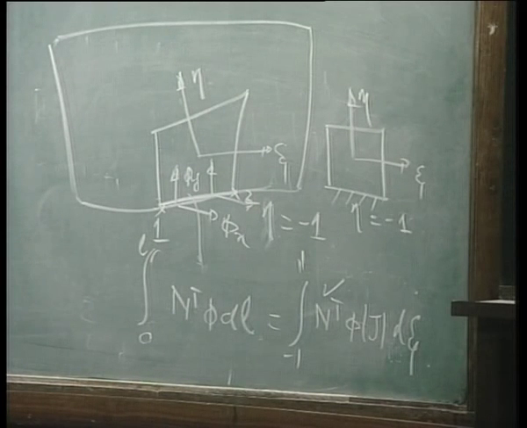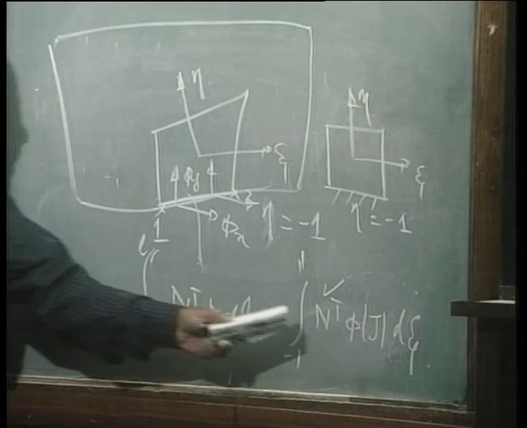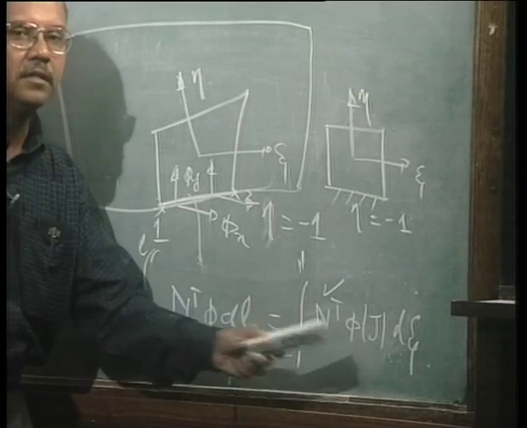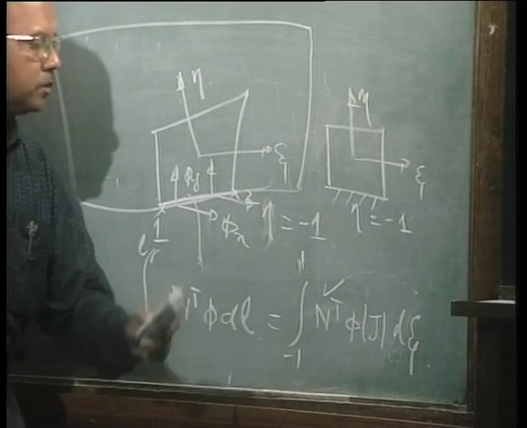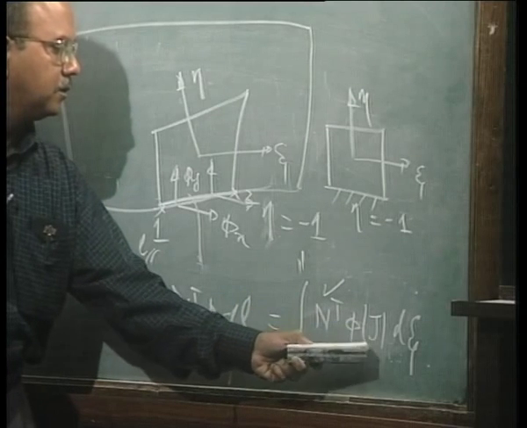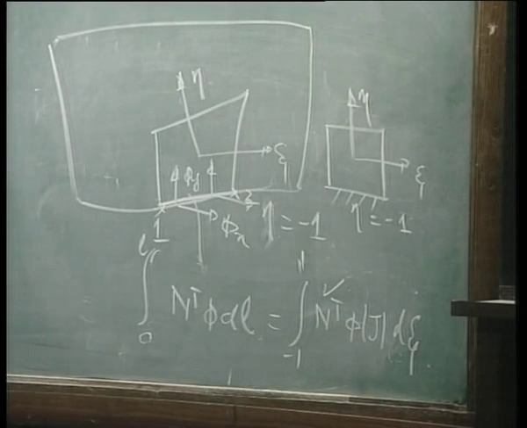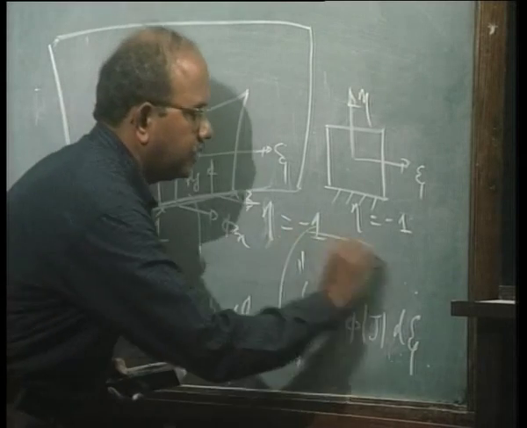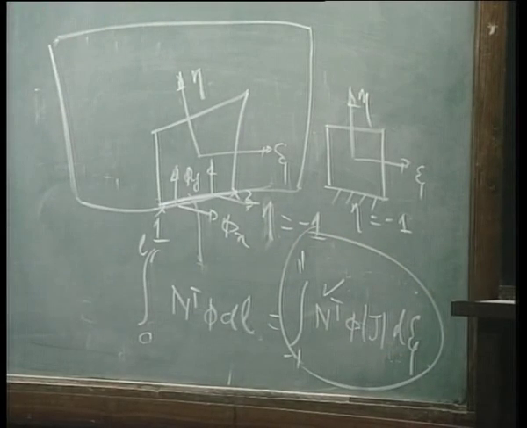So, the first term is known, second term is a vector, it has 2 entries or 2 rows, 1 column, and next is j. Once I calculate now j, my calculation of this integral becomes very simple because I can use numerical integration.